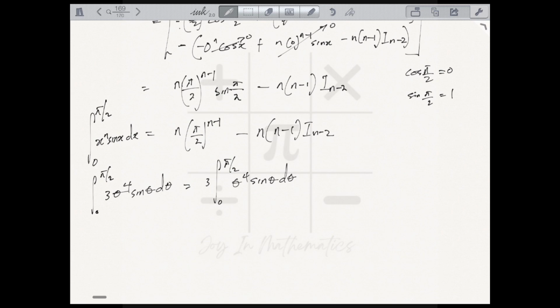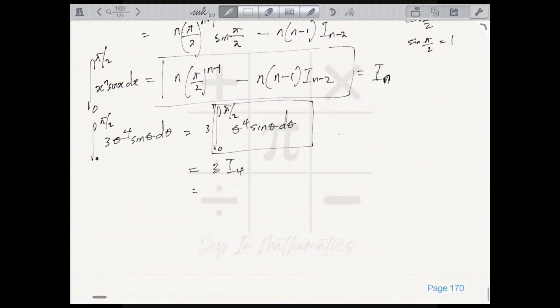Now we can rewrite all of this to give us In. So we know that n here is equal to 4. Therefore this will give us 3 I4, because everything from here is I4. So let's make our substitution of I4. So wherever we see n, we substitute 4 in this equation.